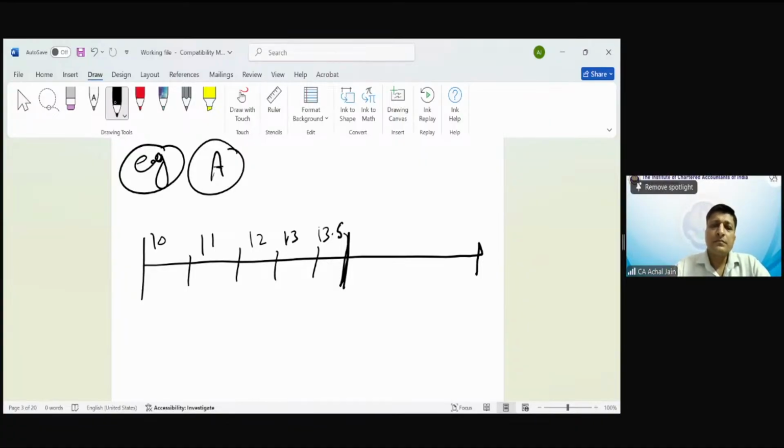Somewhere in this year, the employee is getting terminated. So the proportionate salary for this year will be paid. But over and above the proportionate salary, some more benefits will be payable to the employee.